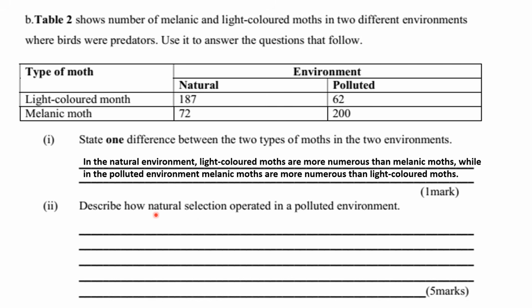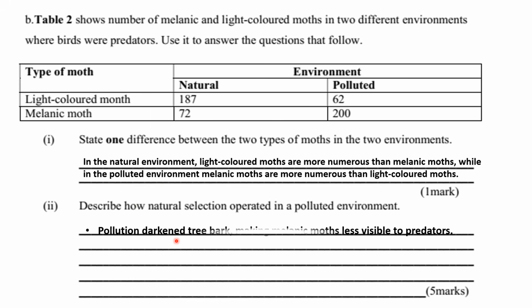Describe how natural selection operated in a polluted environment. Take note that in the polluted environment, there are more melanic moths than light-colored moths.